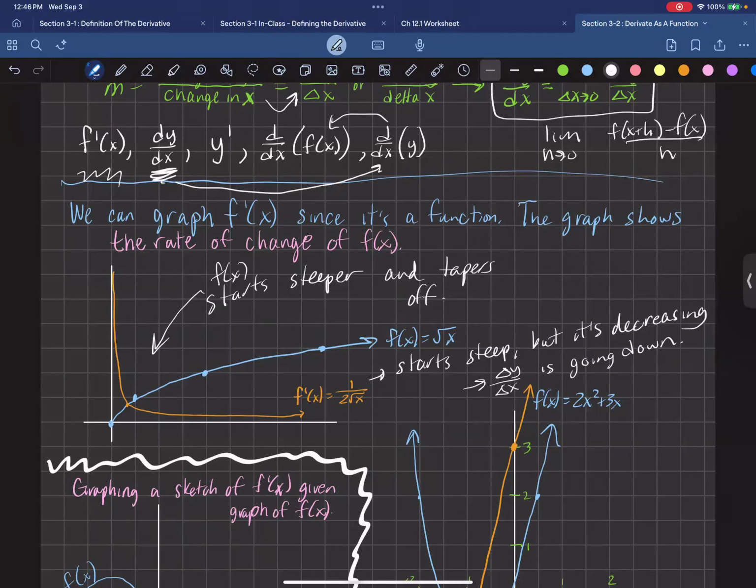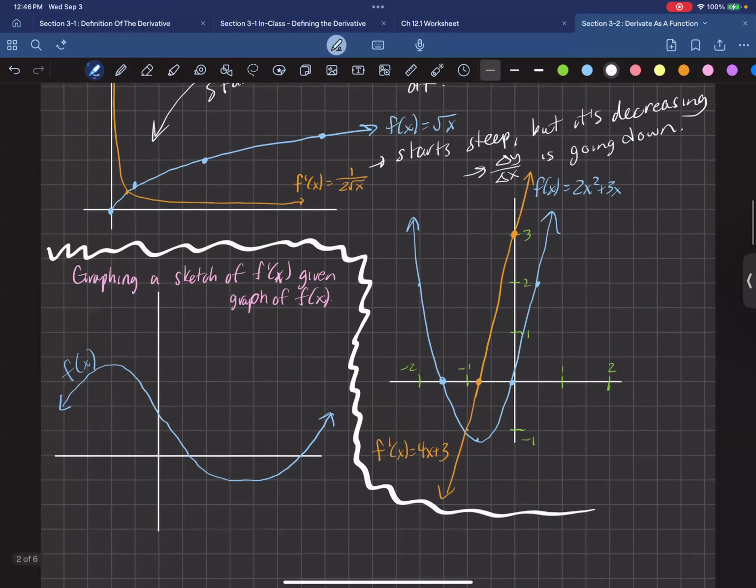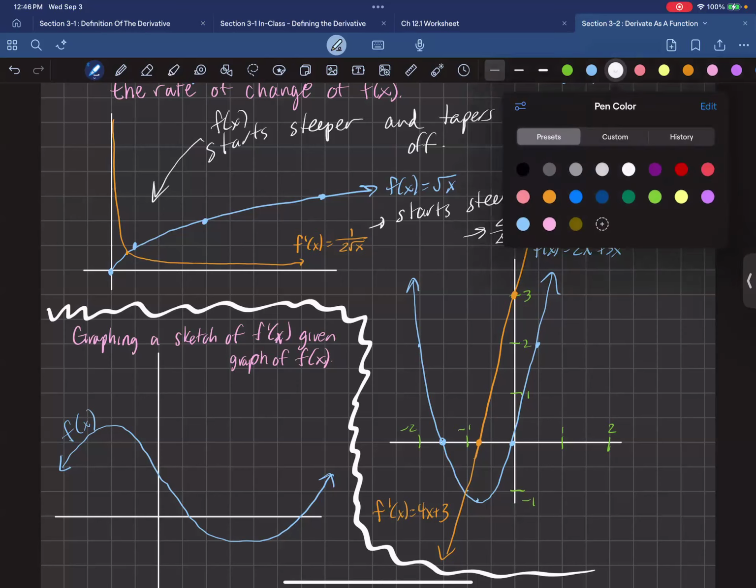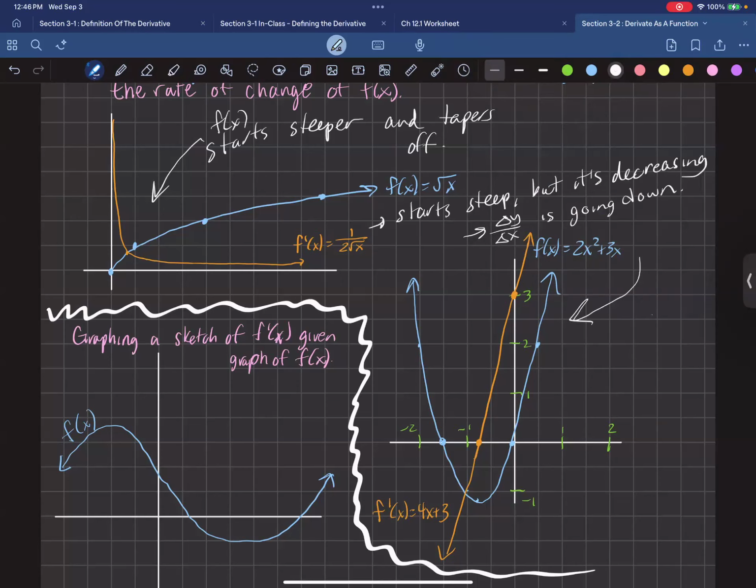That one's a little harder to see. It's a little awkward graph, but one we did earlier is f of x equals 2x squared plus 3x. So I graphed that here. That's that line right here.